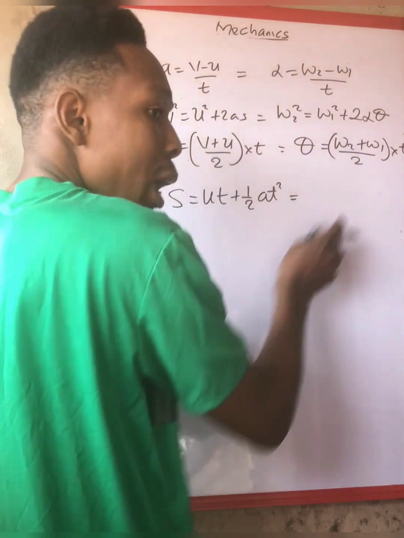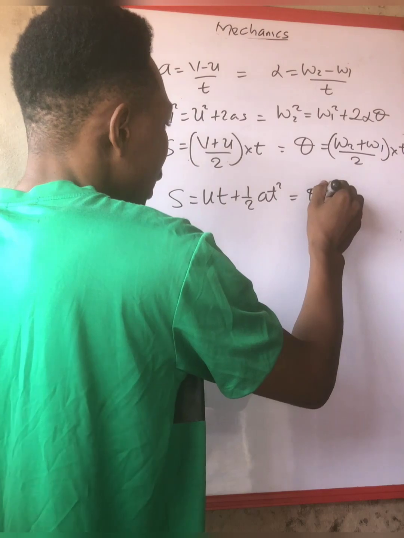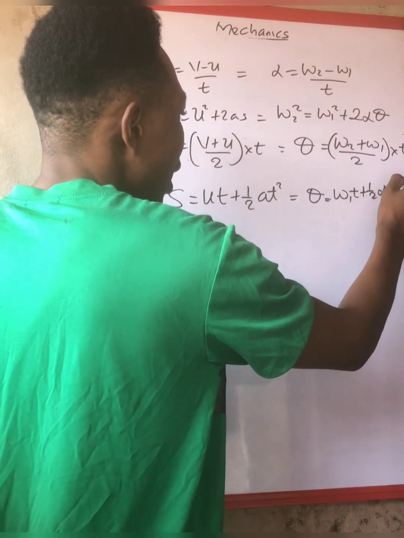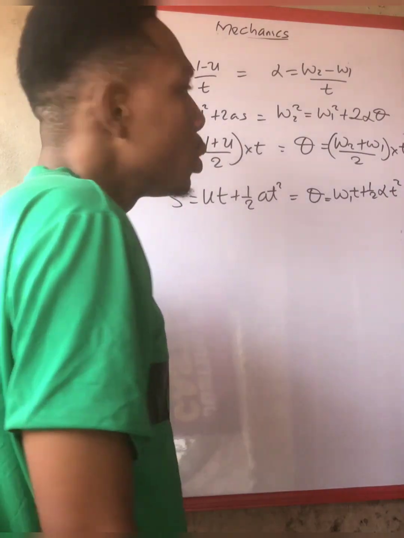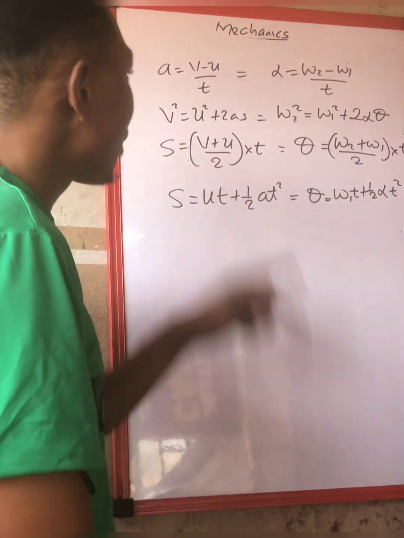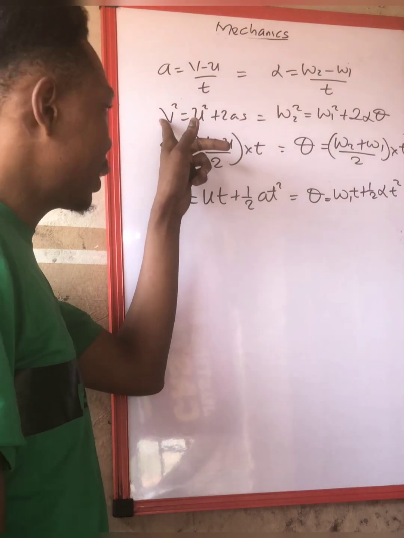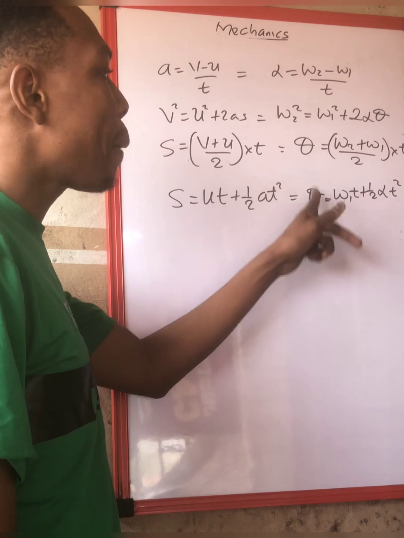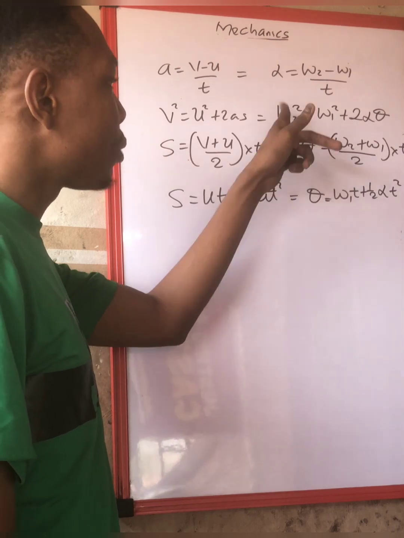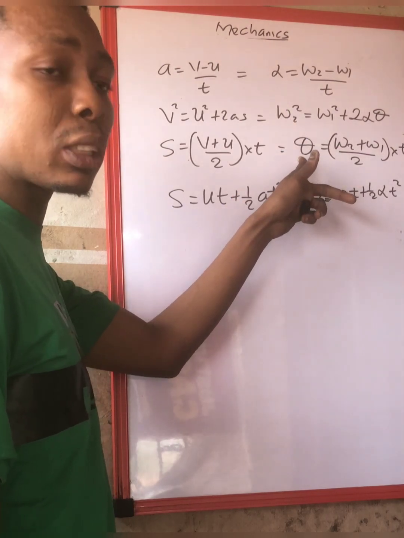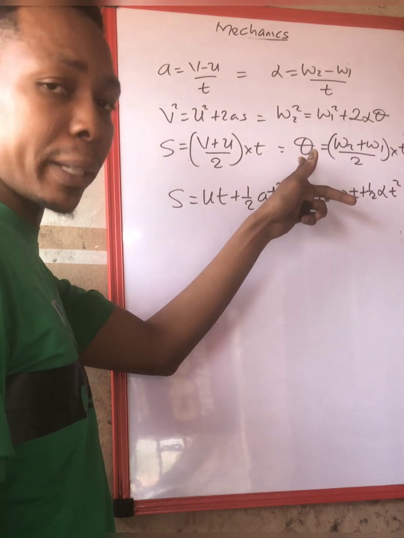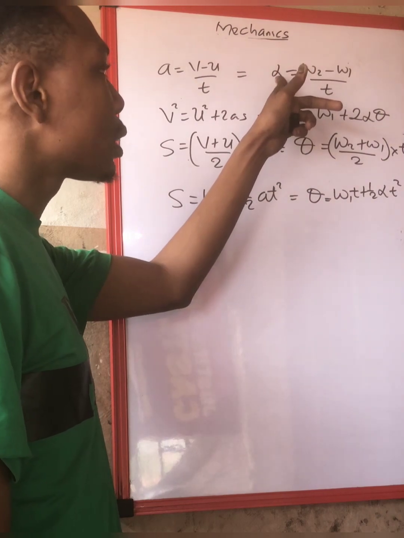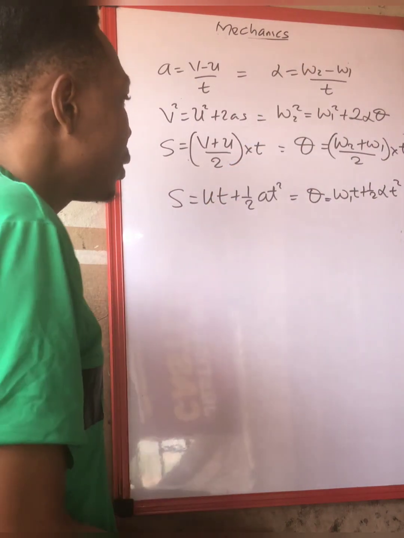In converting it to angular, s becomes theta equals W1 t plus half alpha t squared. You can see this is the formula for acceleration, formula for speed or velocity, formula for distance, then theta, which is also known as angular displacement. We also have W, then we also have alpha.